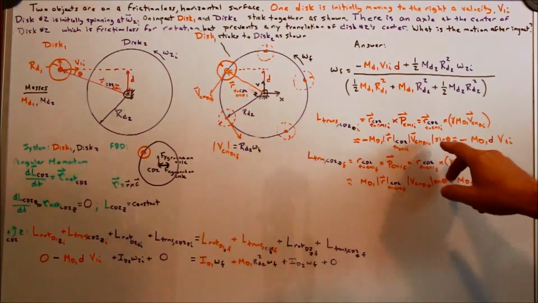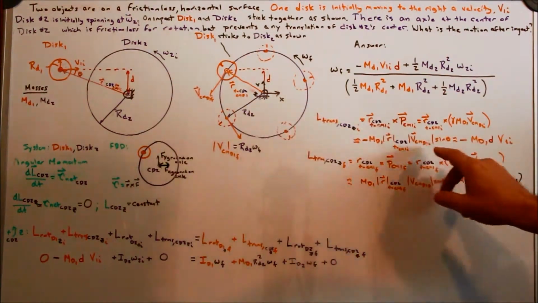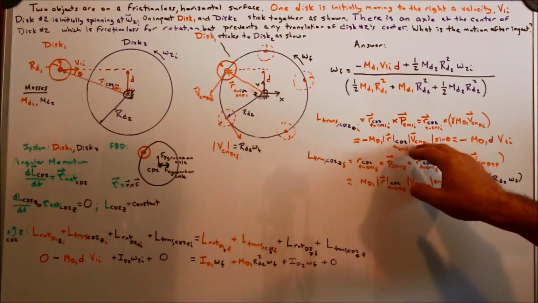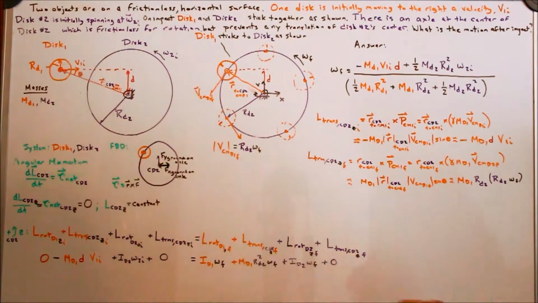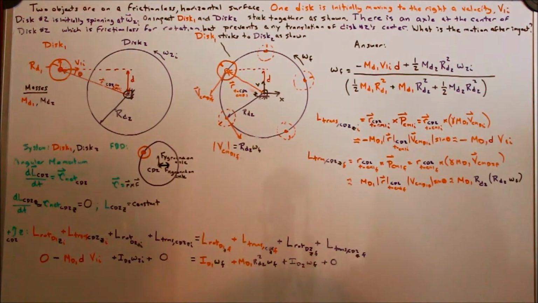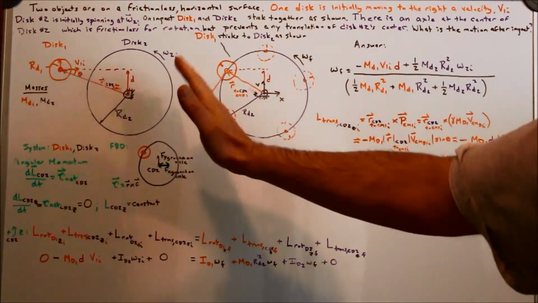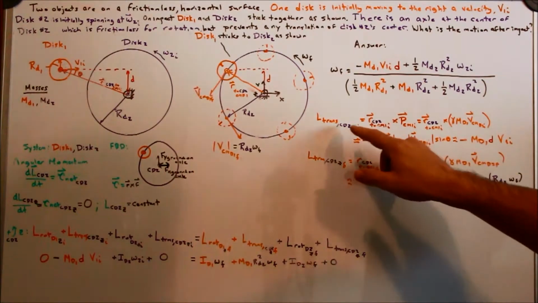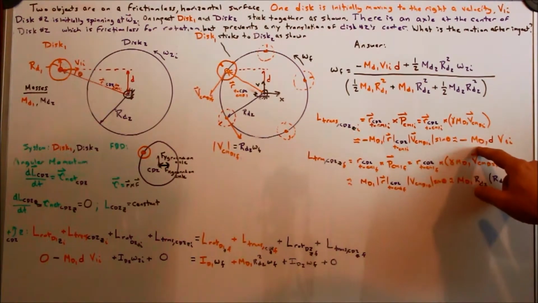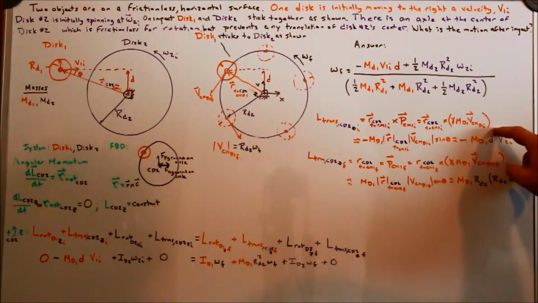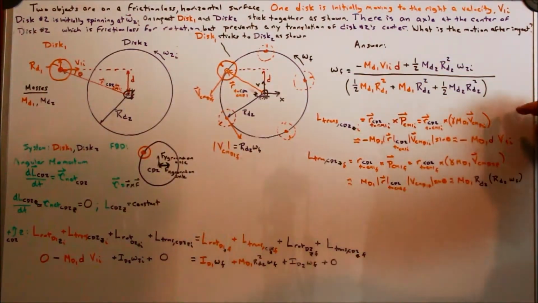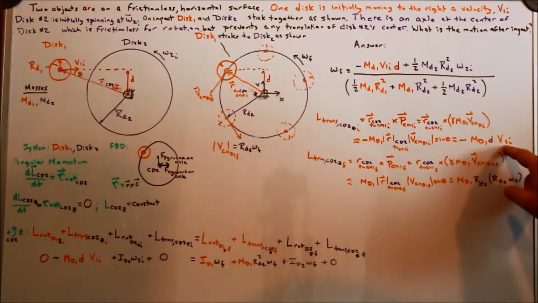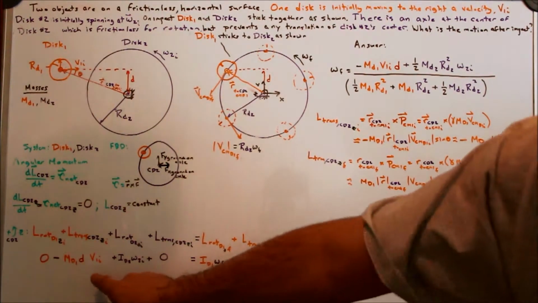So the magnitude of r cross v is the initial velocity times d, and we know it's negative. Always do the right hand rule to check the sign. So this term turns out to be minus the mass of disk 1 times the distance d, which we get from r cross v, times the magnitude of the initial velocity. We'll substitute it in here.